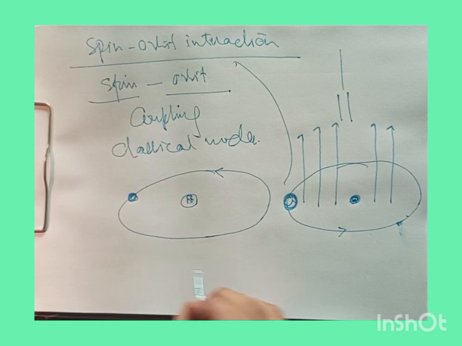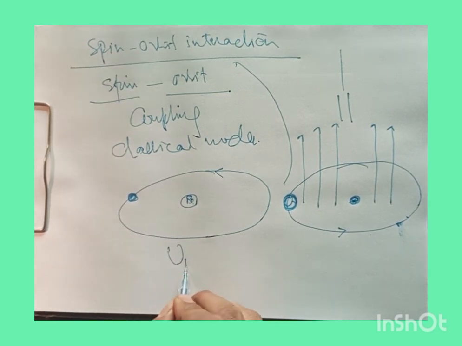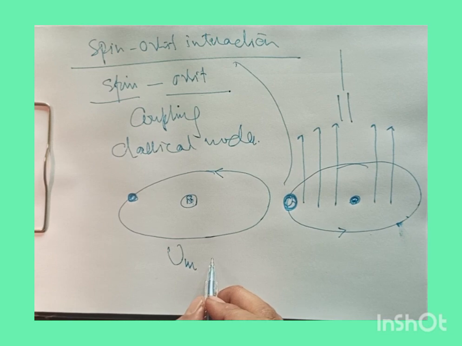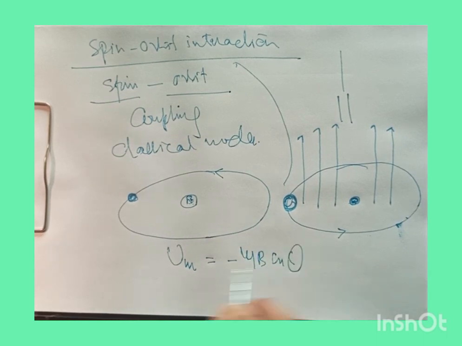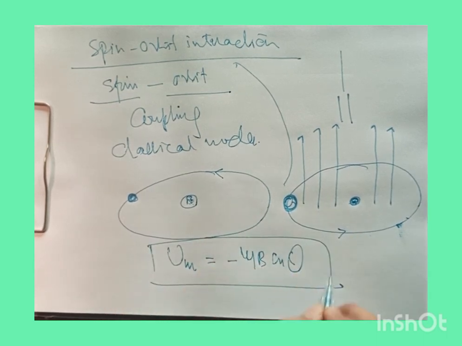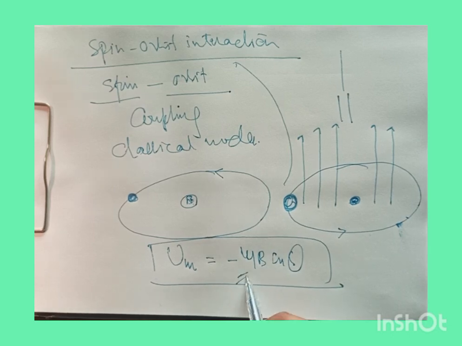And the potential energy of a magnetic dipole of dipole moment, say mu, in the magnetic field B can be written as minus mu B cos theta. This will give us the potential energy. And the theta that we have here is the angle between the magnetic moment and the magnetic field.